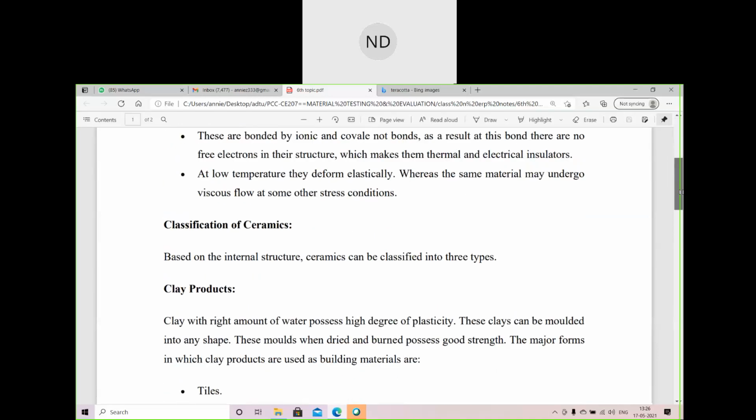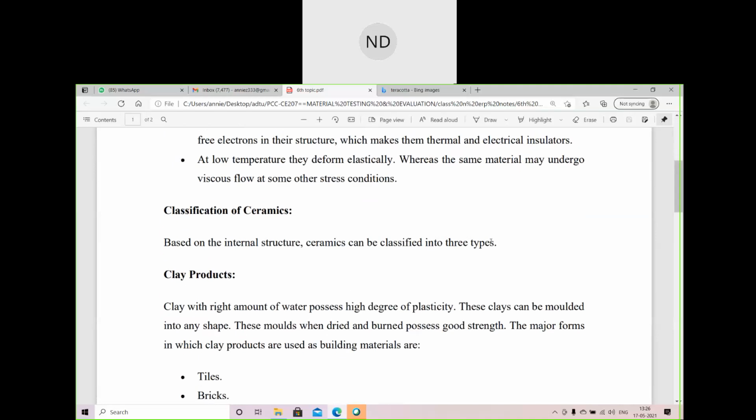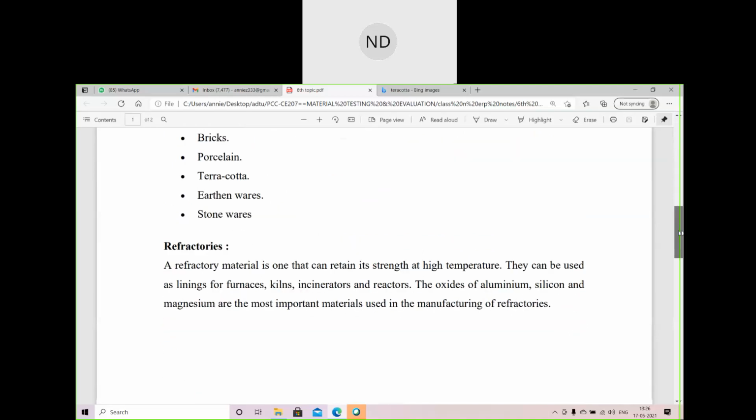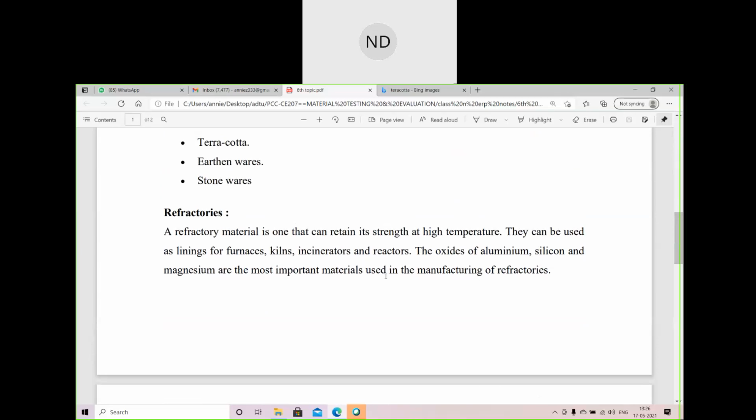The three types we were talking about of ceramics: the first one was your clay products. Then we have the refractories. What are refractories? It is a material that is resistant to decomposition by heat.